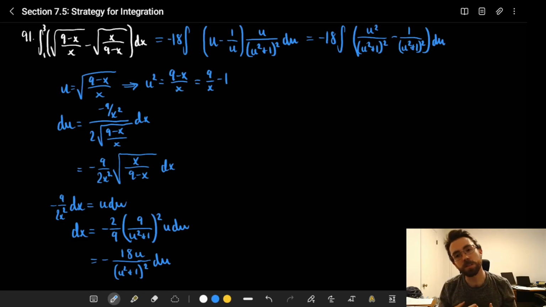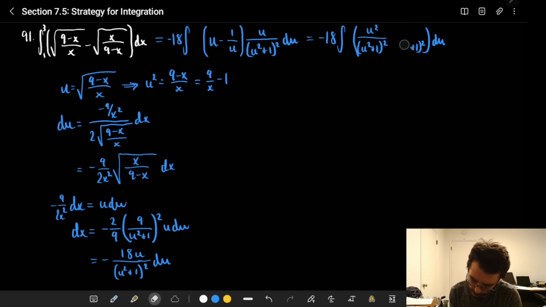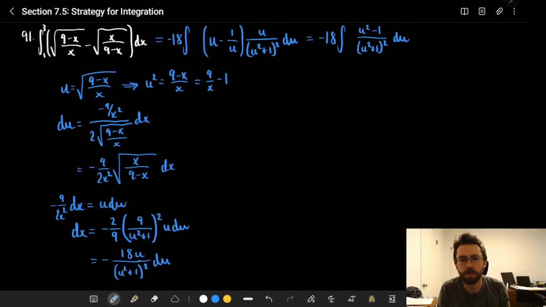Or do you just brute force it some other way? I don't see another way. Right? I mean, combine these, right? Why not? Who needs the parentheses? That was just u squared minus 1. Still don't know the bounds.